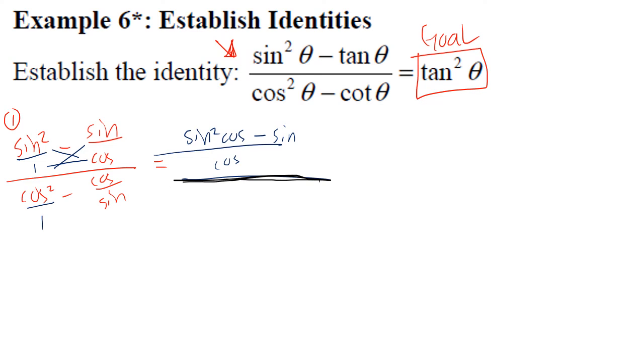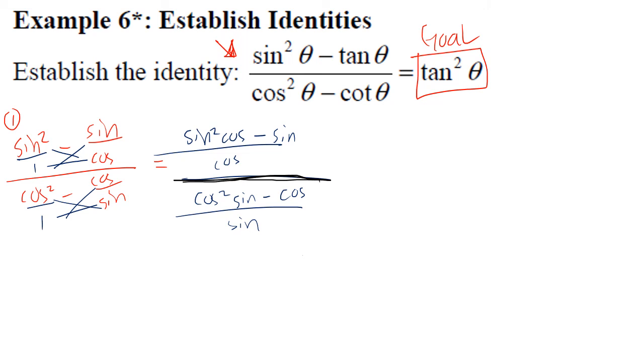And for the denominator, we have cosine squared times sine is cosine squared sine, minus 1 times cosine is cosine, all over 1 times sine is sine. So here's my big fraction. And now I'm going to go through the process of turning this into one fraction.